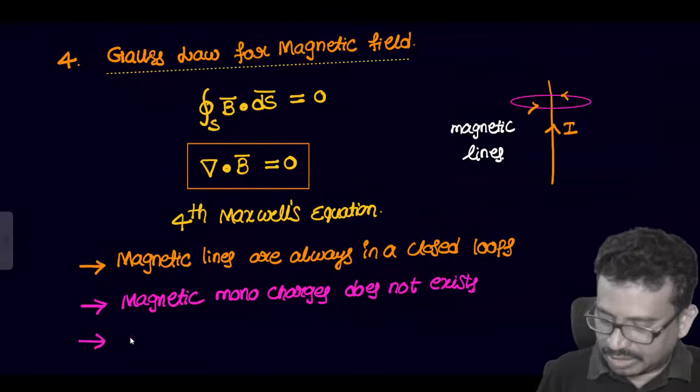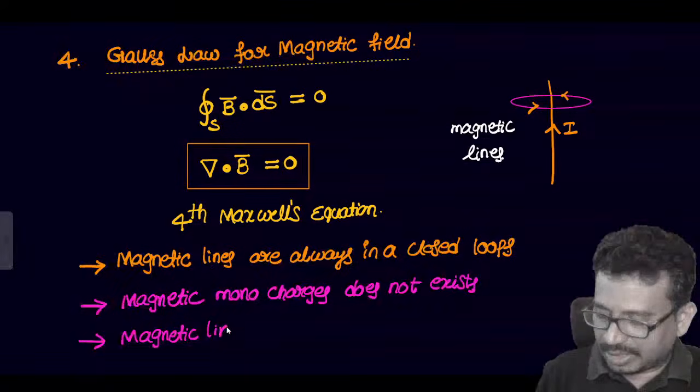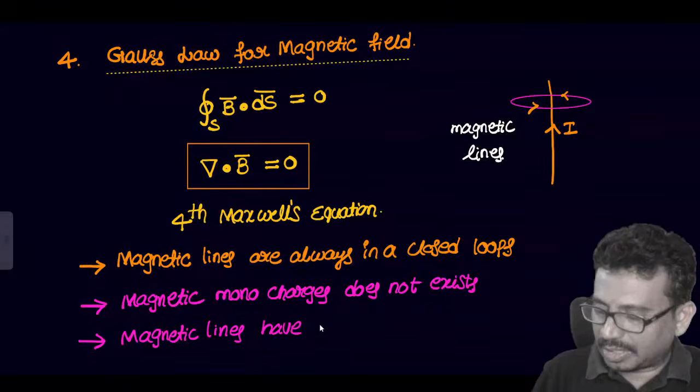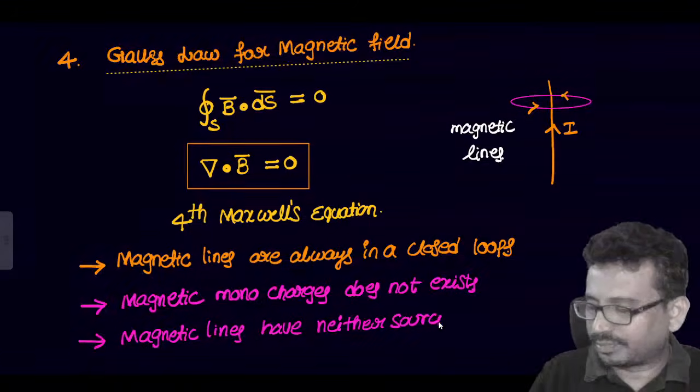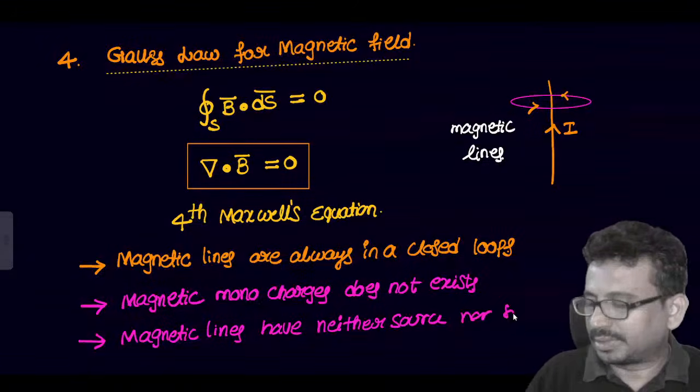And this also signifies that magnetic lines have neither source nor sink.